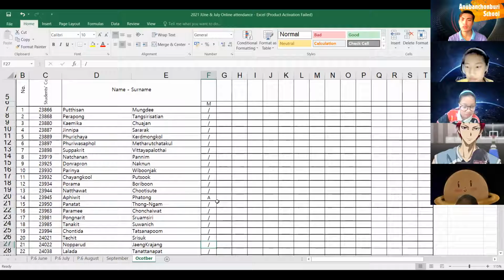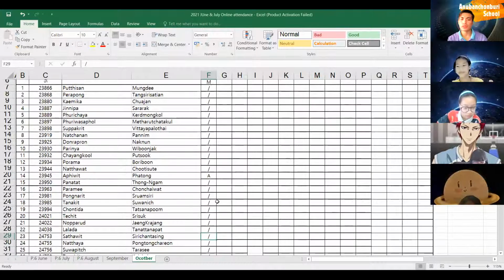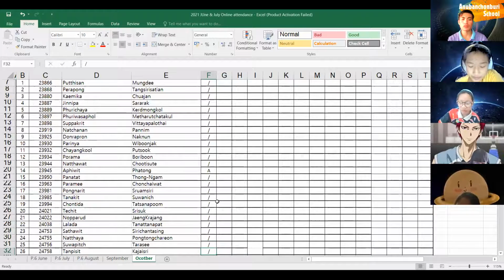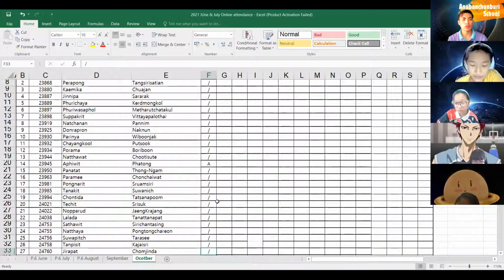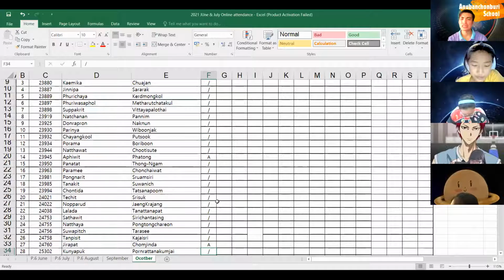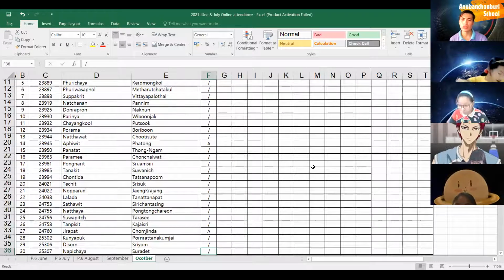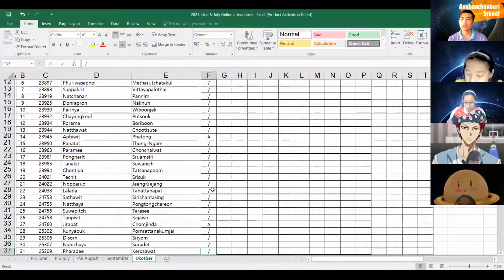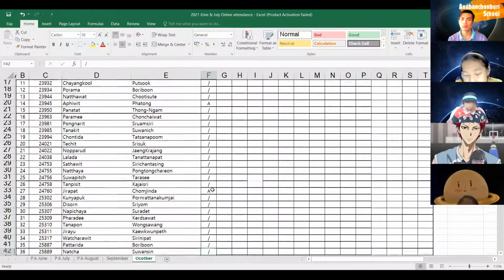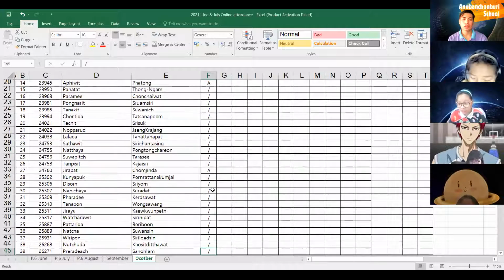Noparad was here. And Lalada also, but they left early. 23, 24, 25. Apitch was here. 26, 27. Jirapat, did you see Jirapat today? 29, okay, this one was here. 31, 32, up to 39.